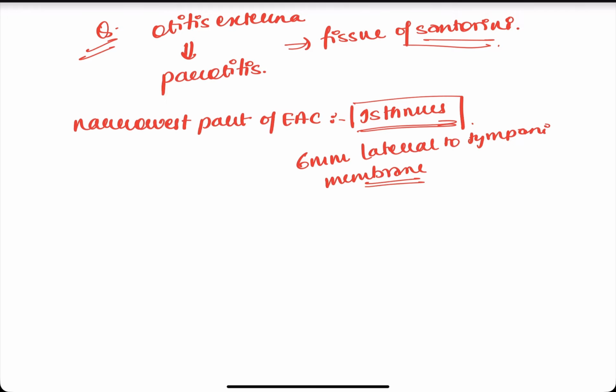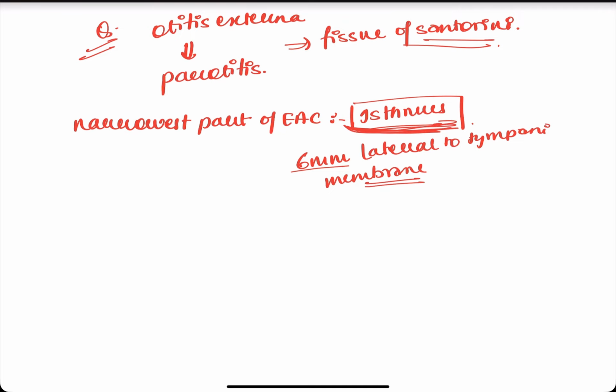It is very difficult to remove a foreign body if it is impacted in the isthmus. So the isthmus is the narrowest part of the external auditory canal, 6 mm lateral to the tympanic membrane, and if any foreign body is lodged here, it is very difficult to remove.